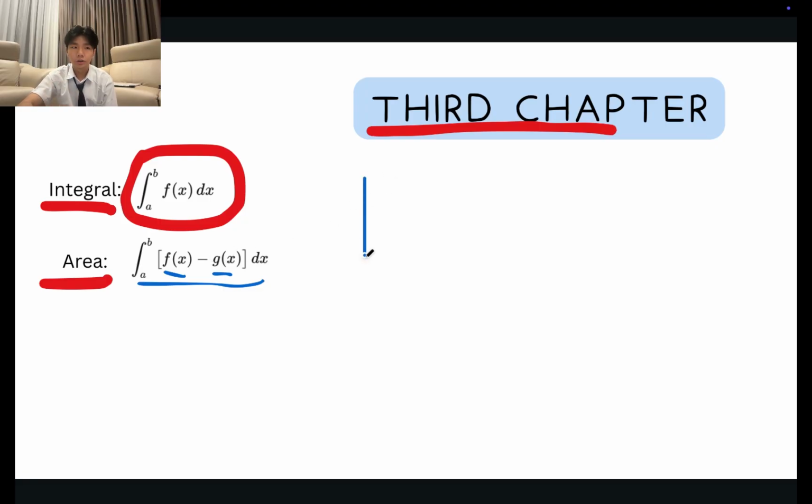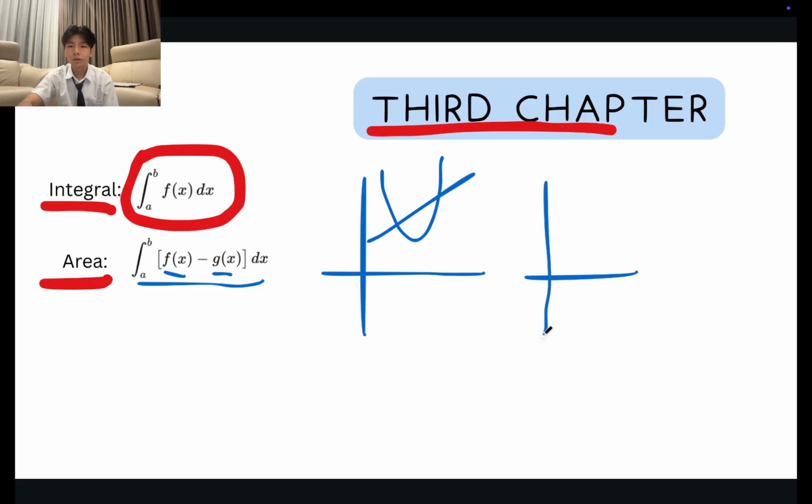In the first condition, if the line is above the curve, we subtract the curve function from the line function. Secondly, if the curve is above the line, then we subtract the line from the curve.